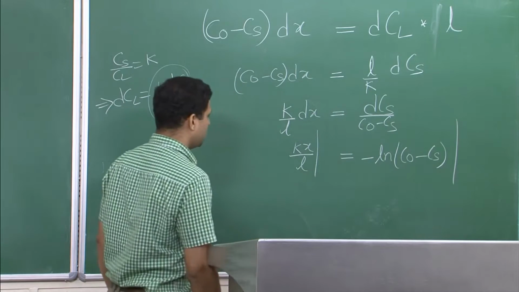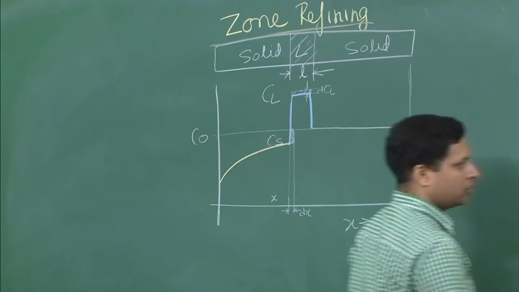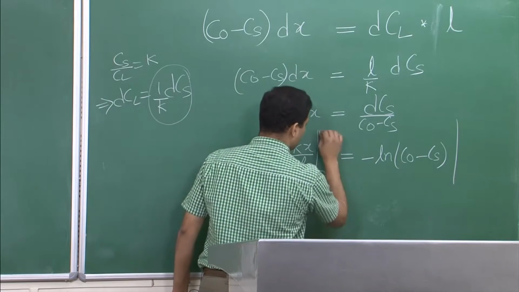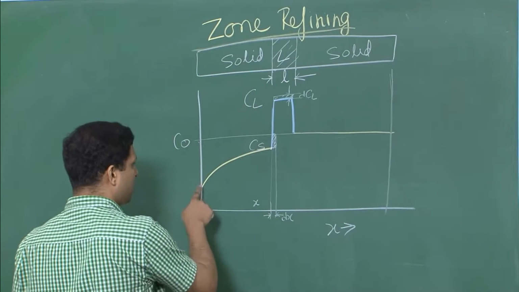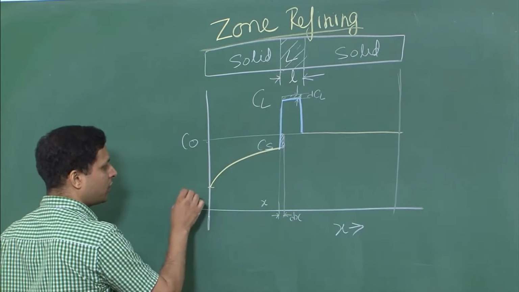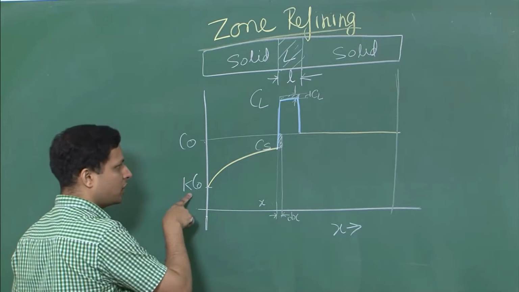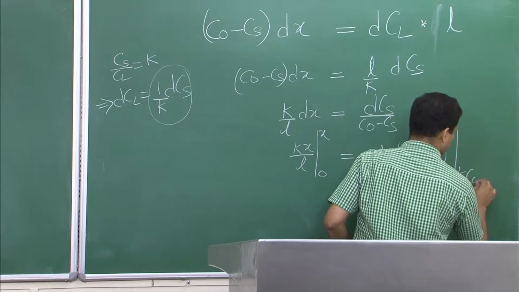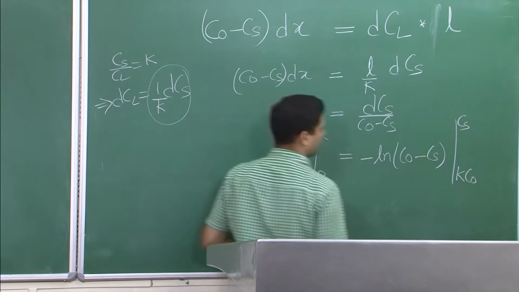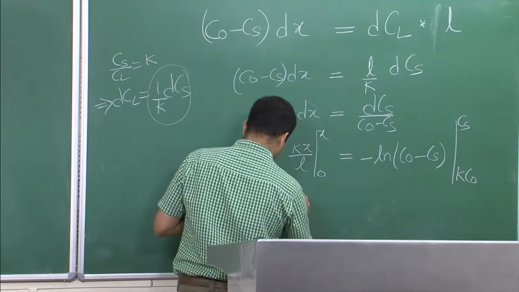So, what are the ranges? X moves from 0 to some value x, and in the same period what happens to Cs? It moves from K C naught. You remember the first solid that forms is of concentration K C naught. So it moves from concentration K C naught to some concentration Cs. Then we can take the minus sign over here.